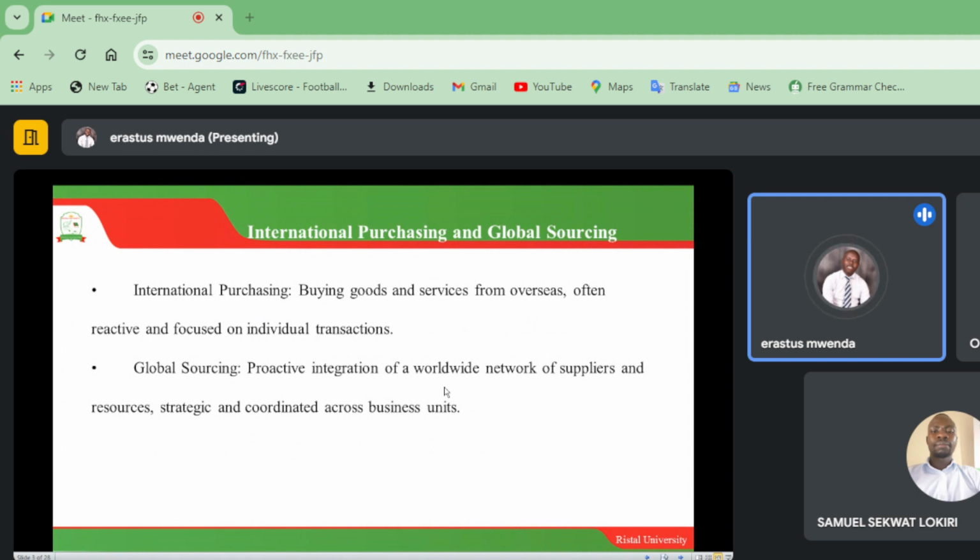from overseas. And then the other term is global sourcing, which is the proactive integration of a worldwide network of suppliers. When we talk about integration, we mean that we are bringing very many worldwide suppliers into one pool, and we also ensure that we have the correct resources.